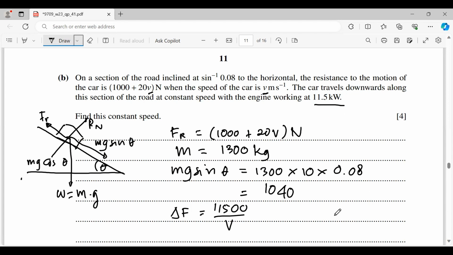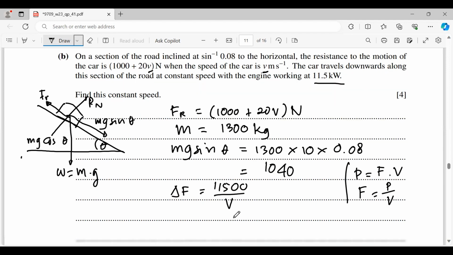As you know that power equals F times V, force times velocity. So if F is the subject, P over velocity for this one.